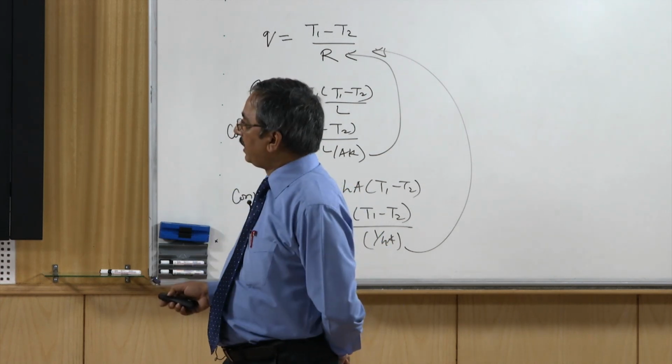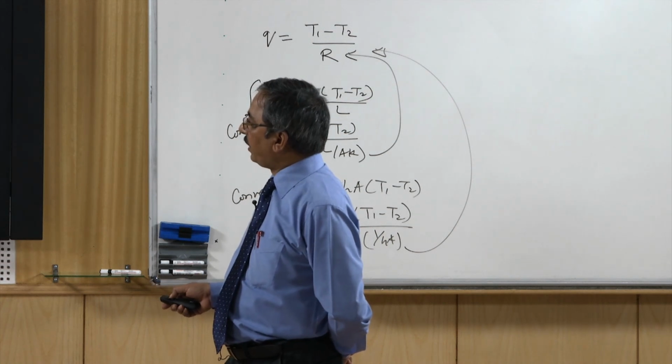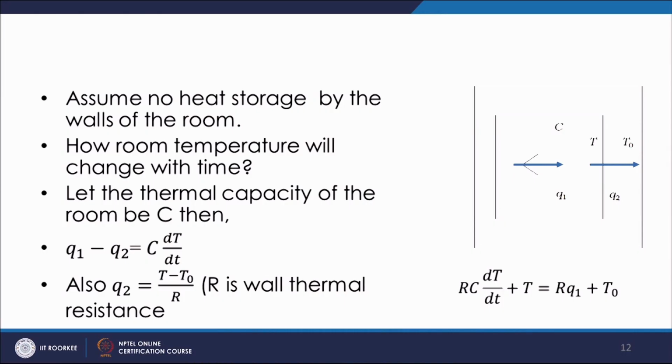If I substitute for Q2 here, this is what I get. If I put Q2 as (T minus T0) by R and cross multiply by R, I get RC dT by dt plus T is equal to RQ1 plus T0. Now, here you see what is the input?